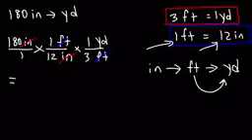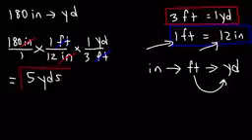Let's do this one step at a time. So 180 divided by 12 is 15. And then we're going to take 15 divided by 3, which will give us 5. So the final answer is 5 yards.